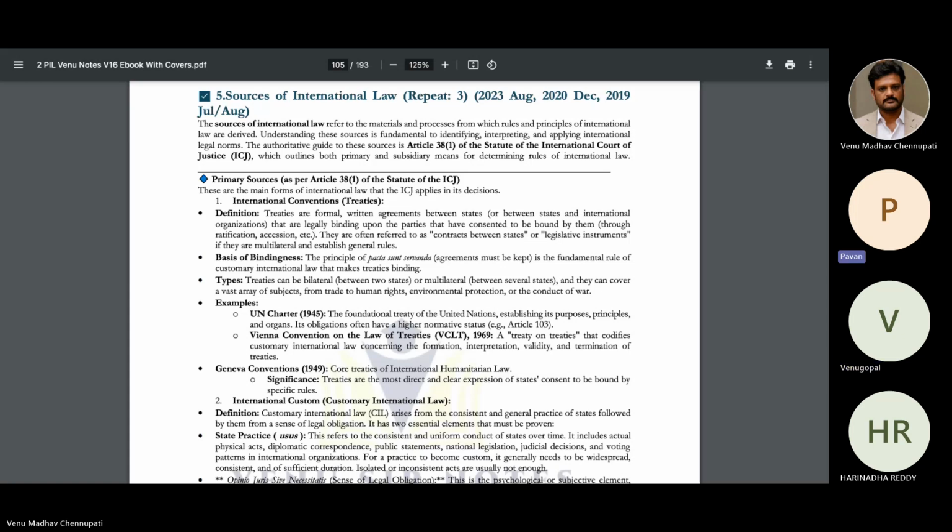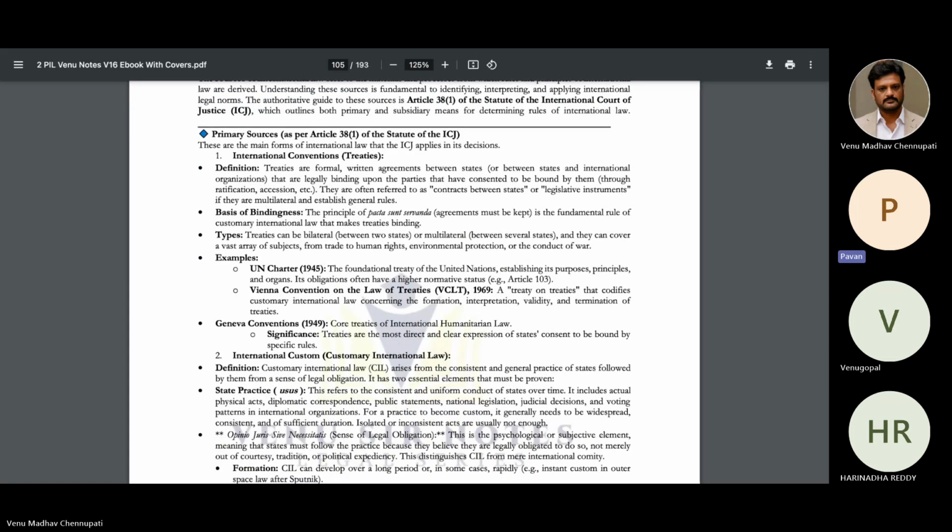Example, UN Charter, 1945, the foundational treaty of the United Nations establishing its purpose, principles, and organs. Its obligations often have a higher normative status under Article 103. Vienna Convention on the Law of Treaties, 1969, a treaty on treaties that codifies customary international law concerning the formation, interpretation, validity, and termination of treaties.